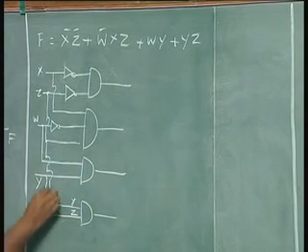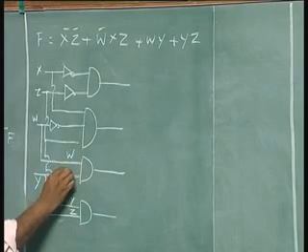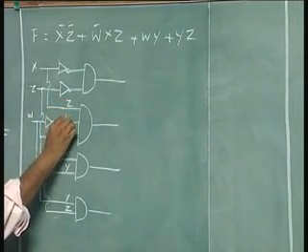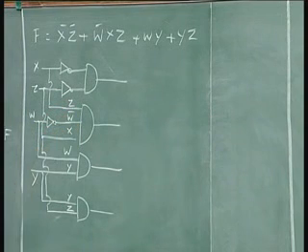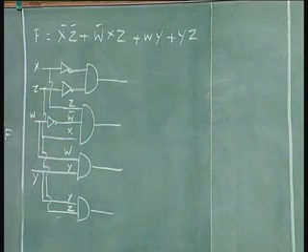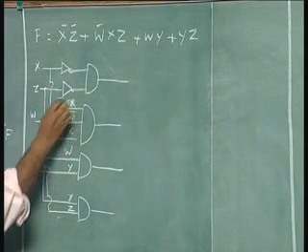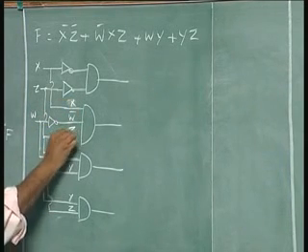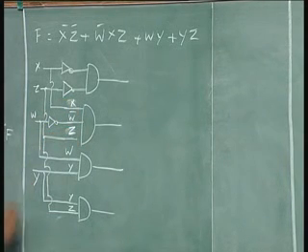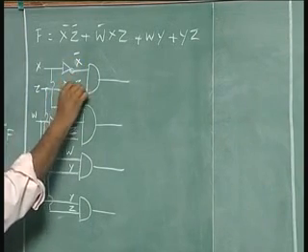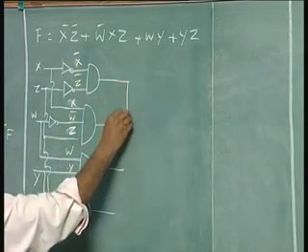YZ, WY, this is Z, W bar X. X, W bar Z. This is W bar Z bar, X bar Z bar. All of them combined in an OR gate with 4 inputs.